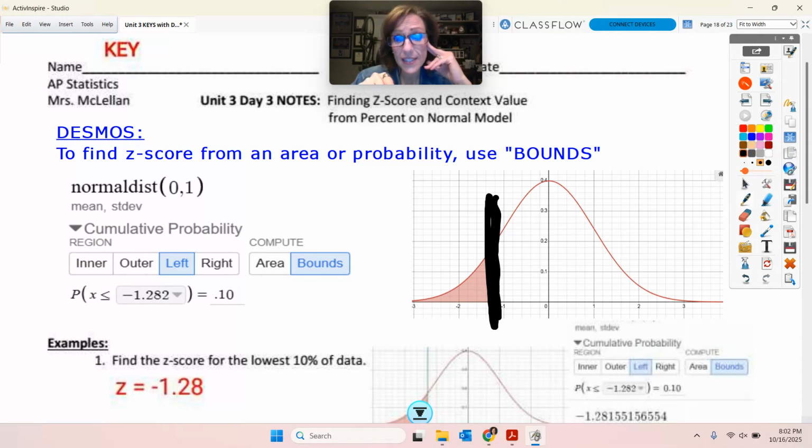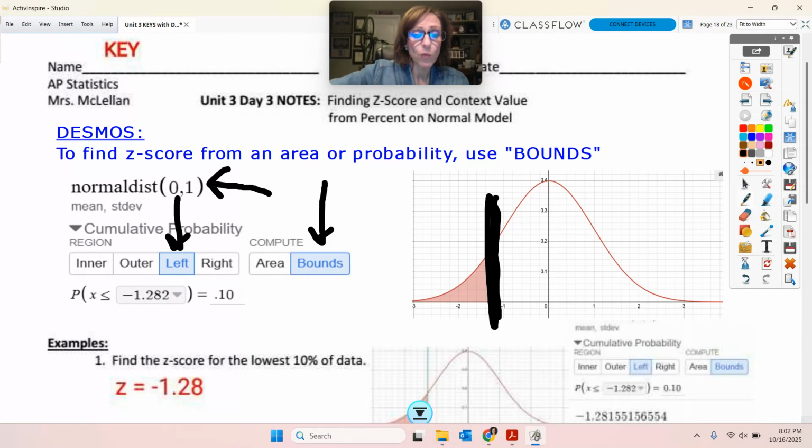So of course, since it's a z-score, then we're using the normal model, the standard normal model. So we're using this distribution, the normal distribution with 0 mean and 1 standard deviation. And so then you can see what we put in here. So we have left and we have bound. And what happens is when you do the bound button, it allows you to define this area right here.